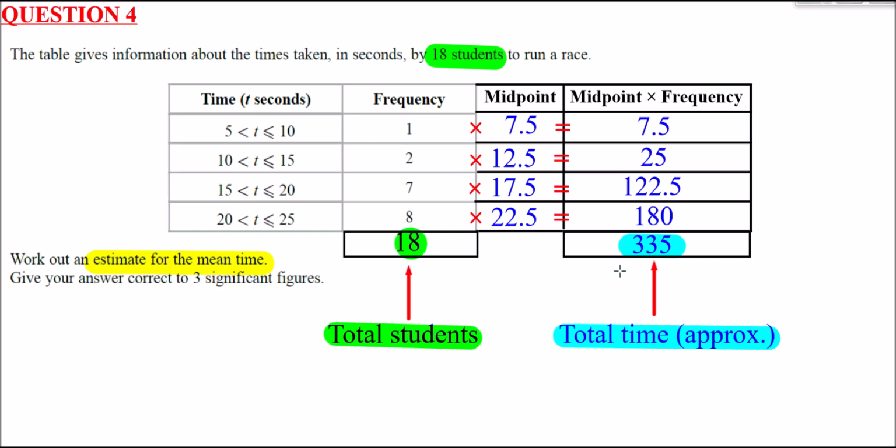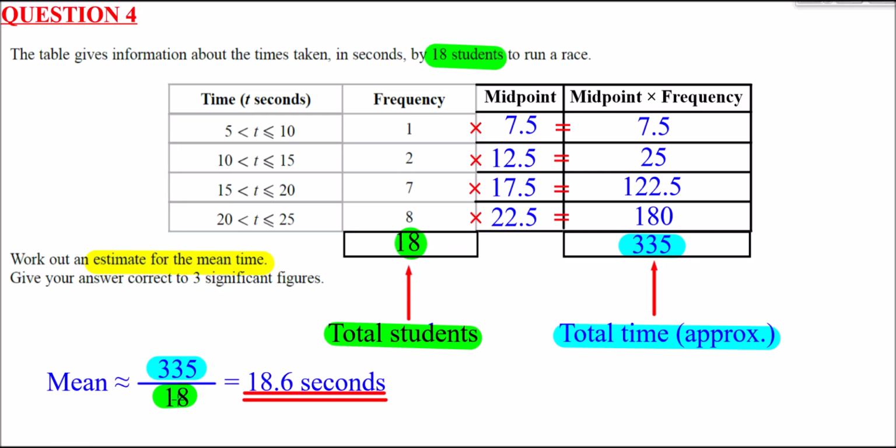The final step now to work out the mean is to take the total of the times and divide by the total of students. So our estimate of the mean is going to be 335 divided by 18, which to 3 significant figures should give you 18.6 seconds. There is an easier way to do this on a calculator, but don't just rely on your calculator to do it for you. You need to show the examiner you know how to do it using your own method.